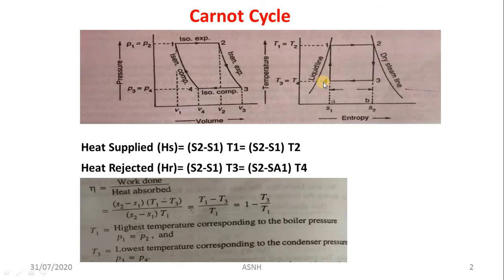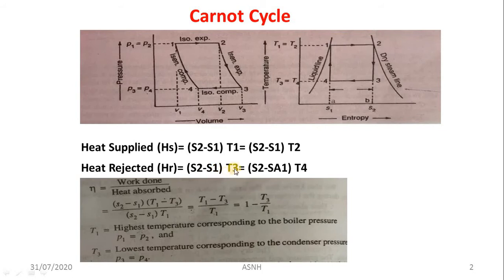As we know, in an isentropic process the entropy remains constant, so S2 is equal to S3 and S1 is equal to S4. So S3 minus S4 is replaced by S2 minus S1.